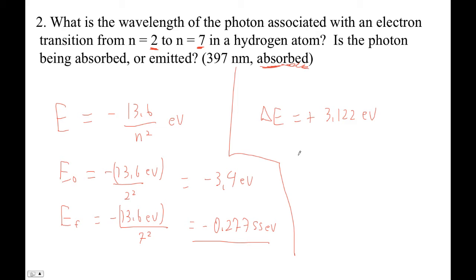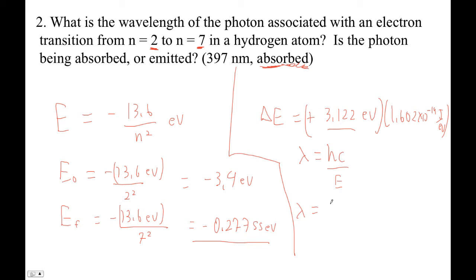I believe we've got a formula that says wavelength is hc over energy. And of course we'll have to multiply that energy by 1.602 times 10 to the minus 19th, which is joules per electron volt, and plug that in here.